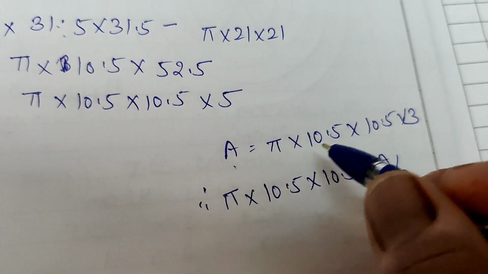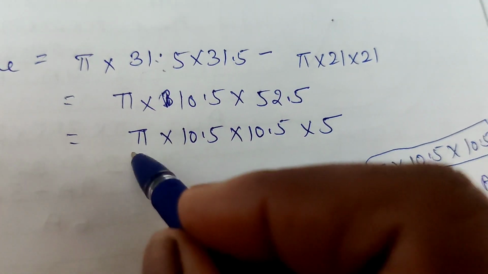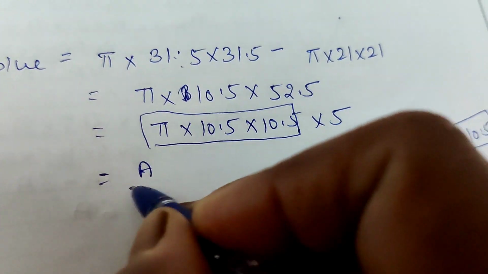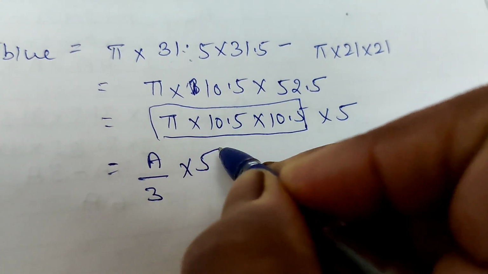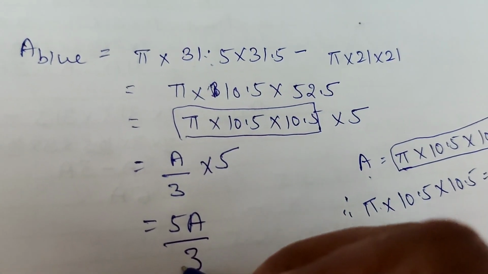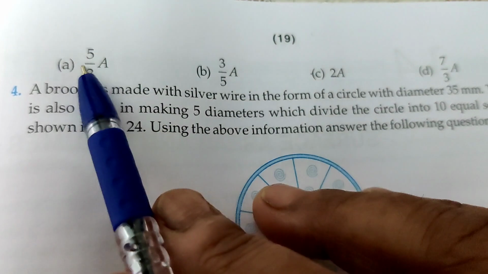So, a by 3 equal to this. Now put pi into this equal to a by 3 into 5. The answer is 5a by 3.